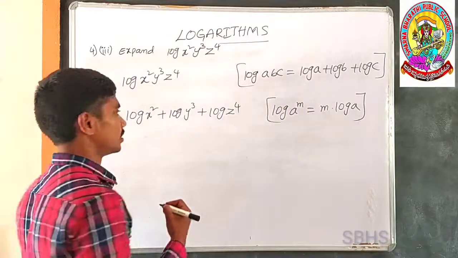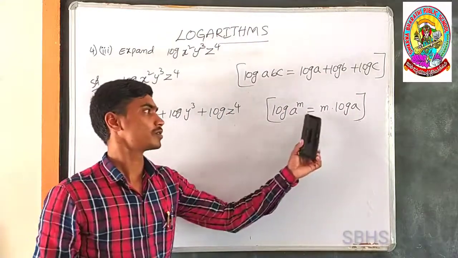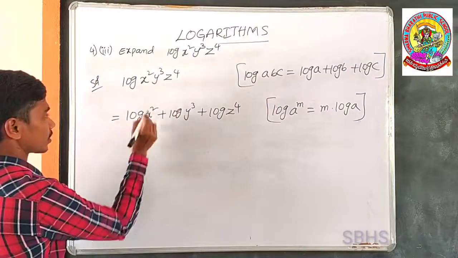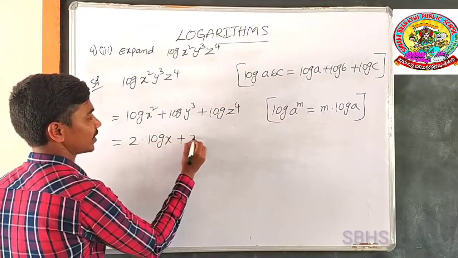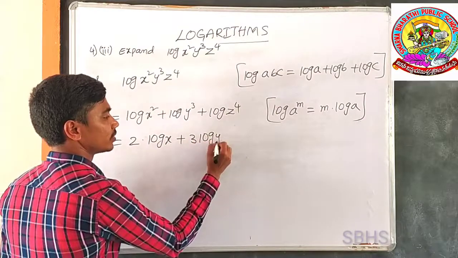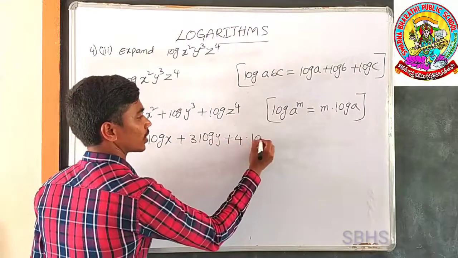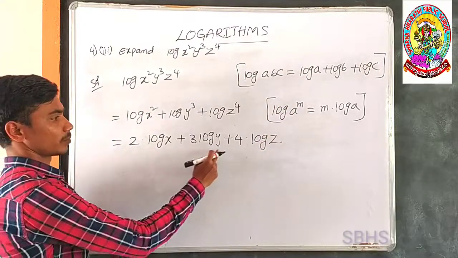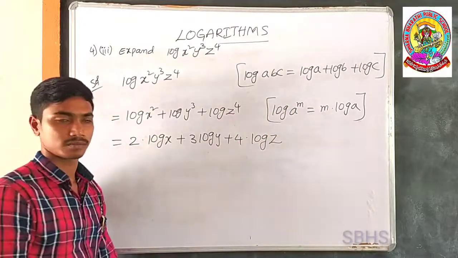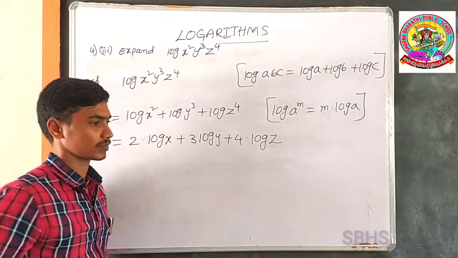Log a power m is equals to m into log a. Here 2 into log x plus 3 into log y plus 4 into log z. That is the expanded form.